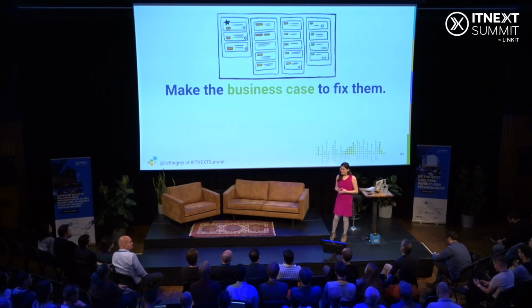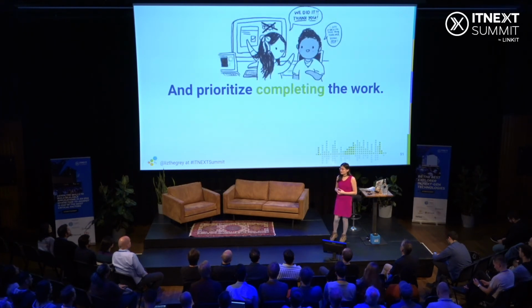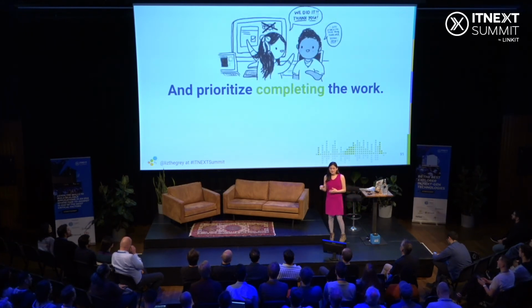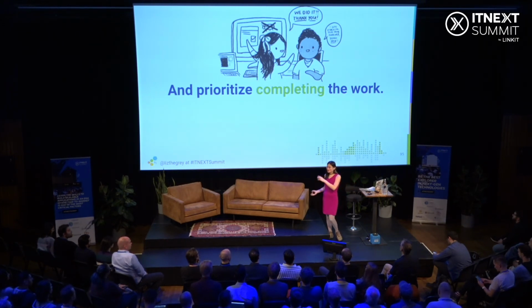So make the business case to fix any kinds of failure modes that you think are high risk to your business. And actually prioritize completing the work. A lot of us write postmortems that say, fix this, fix that, fix the other thing, right? Like we write these postmortems that have like 100 or 200 items in them. Don't do that, right?